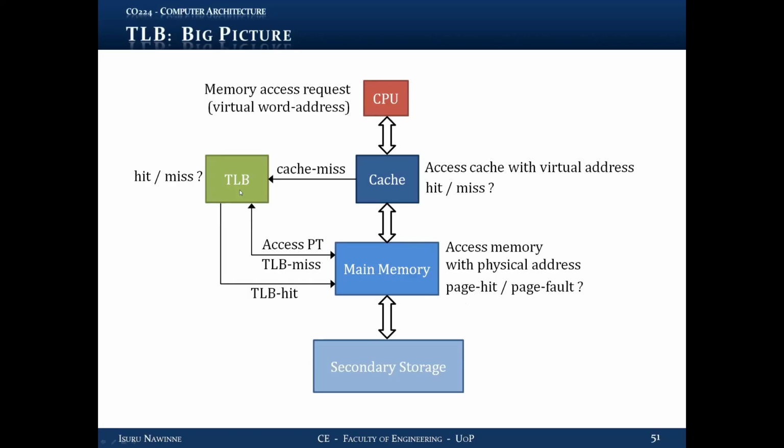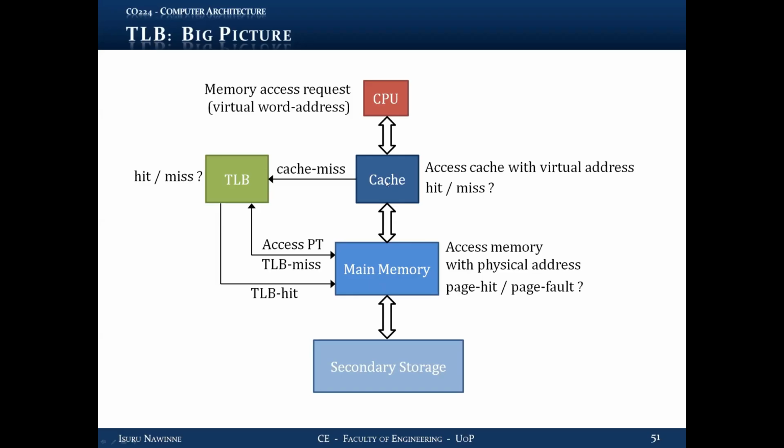Note that if we had a TLB hit, the page is always in the memory. If we had a TLB miss, we go to the page table and we might have a page hit or a page fault. In the event of a page hit, we can make a second access to the memory to read the data, right? Read the block and send the block to the cache.